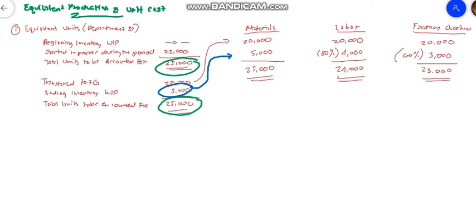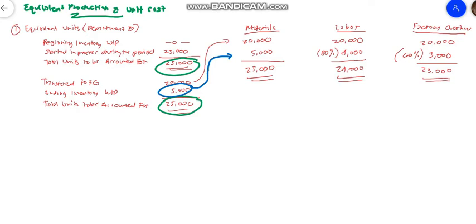So the total units to be accounted for under each cost element is 25,000 for materials, 24,000 for labor, and for factory overhead it's only 23,000, since the remaining 1,000 for this one has not yet been completed, and neither in this factory overhead. Okay, so that's how you compute your units equivalent for each element cost.